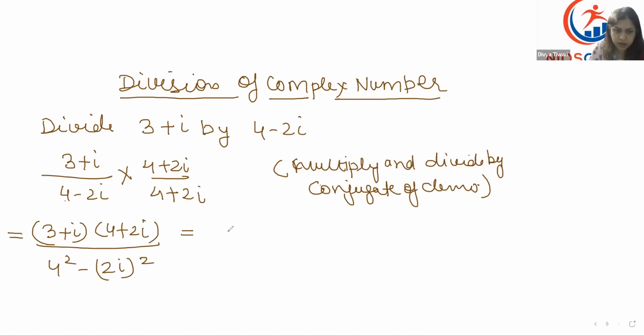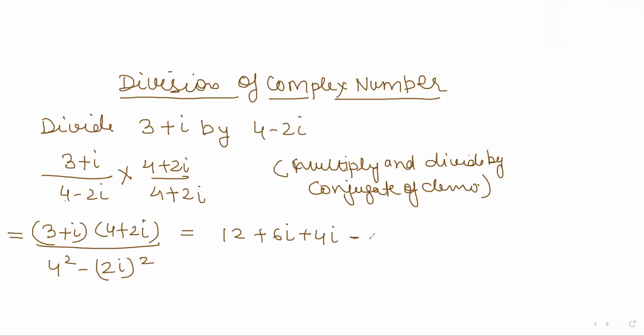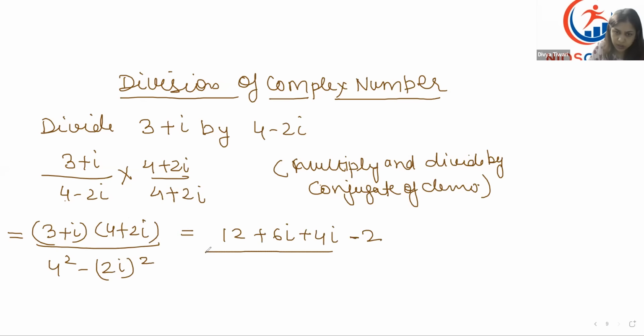So this will give me 12 plus 6 iota plus 4 iota, and this will give me minus 2. I have directly substituted the value of iota power 2. Then in the denominator I will get 16 plus 4, that is 20.